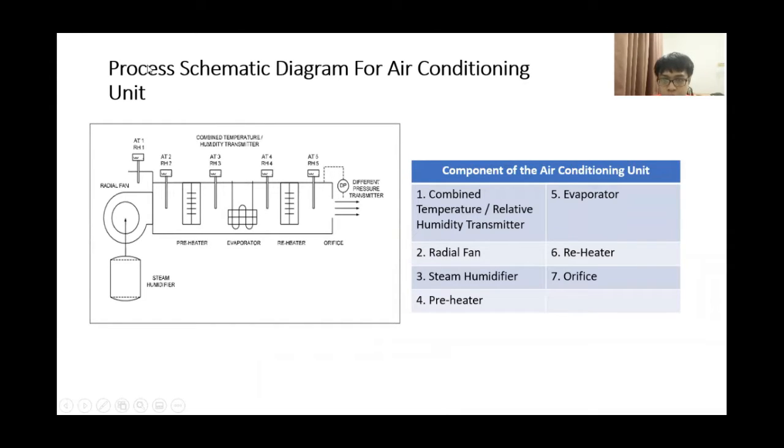Next is the process schematic diagram for the air conditioning unit. It consists of different components such as the combined temperature and relative humidity transmitter, radial fan, steam humidifier, preheater, evaporator, reheater, and orifice.